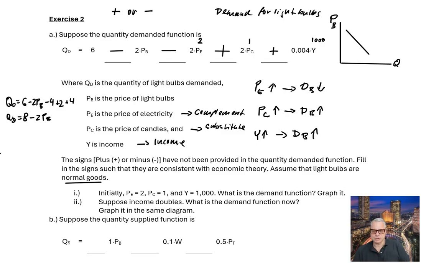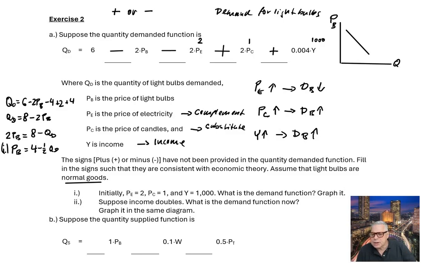If we want to rearrange terms into the inverse demand function, we can put the price on the left side of the equation, and then we get 2 PB equals 8 minus Q, and then we have to divide both sides by 2, and then we get the inverse demand function, which is 4 minus 1/2 Q. Okay, so that would be our demand function, and specifically the first one.